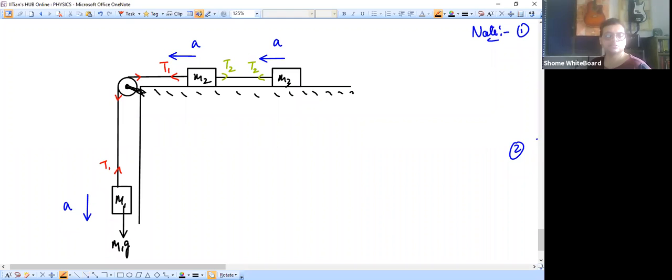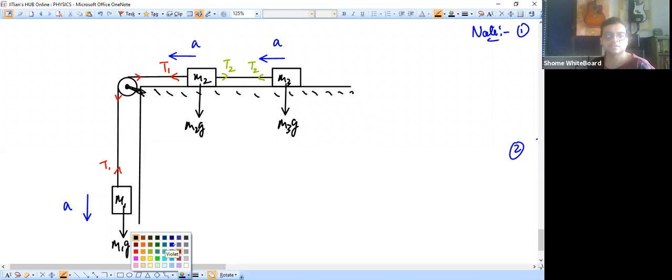And in the case of these two blocks, the weights M2G and M3G are balanced by normal reactions, so they're not going to be important for us.